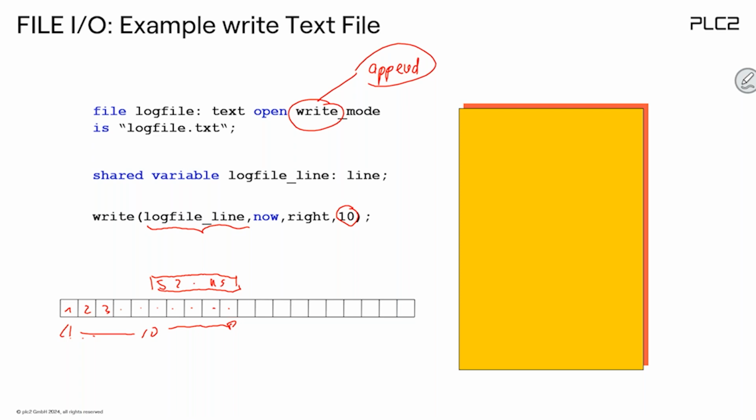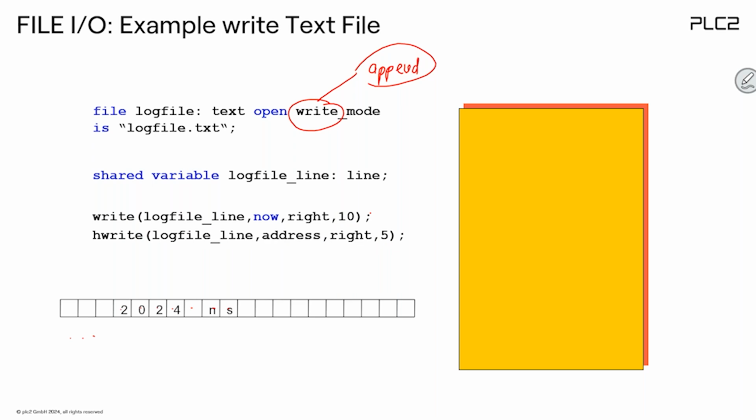So this means you fill your line buffer. In this example, my time value was 2024 nanoseconds.